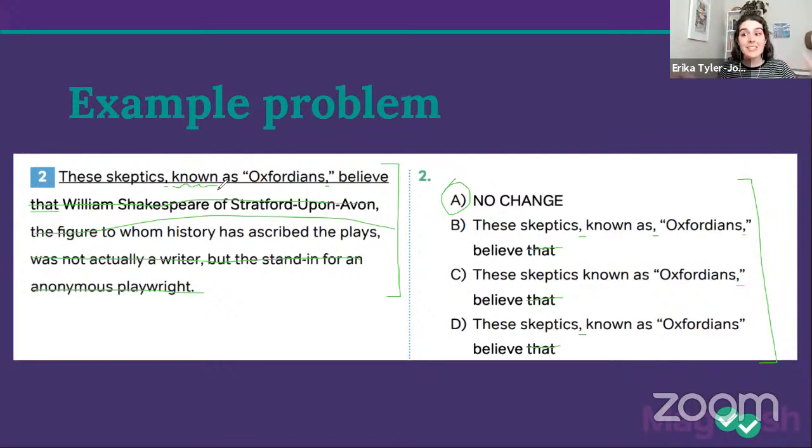So this is potentially a modifier, known as Oxfordians. Let's think about this. Known as Oxfordians is describing the skeptics. The skeptics are known as Oxfordians. This could be a modifier. Okay, well, it might be okay if that modifier is set off by two commas. So I kind of like A.